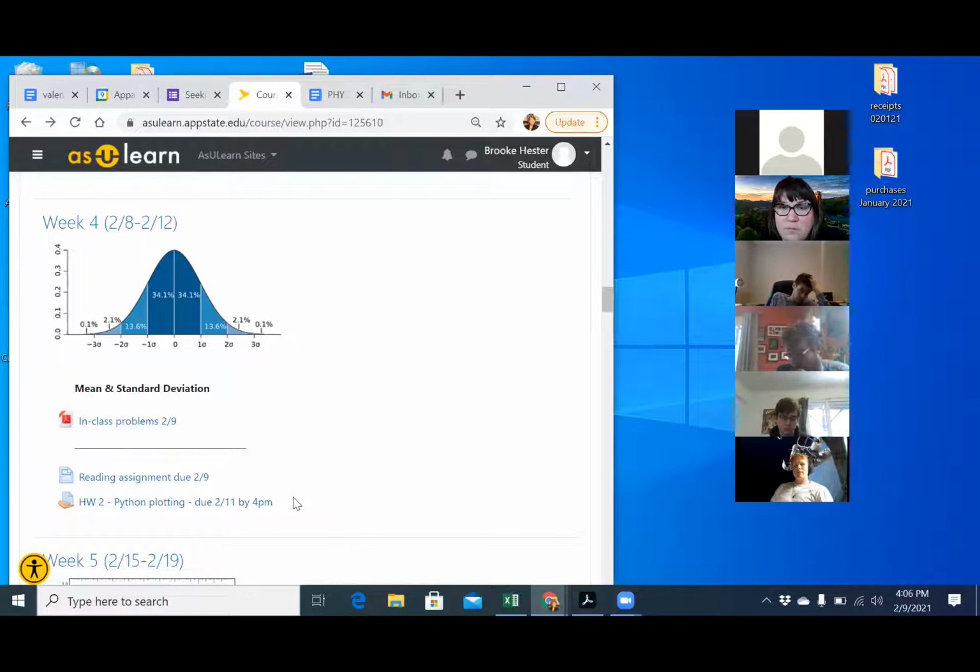I'll post my version on the As You Learn page. But it allowed me to view those points individually. So when you're turning in this homework, I expect you to use everything we learned in class. You shouldn't connect the dots. You should show the individual data points.